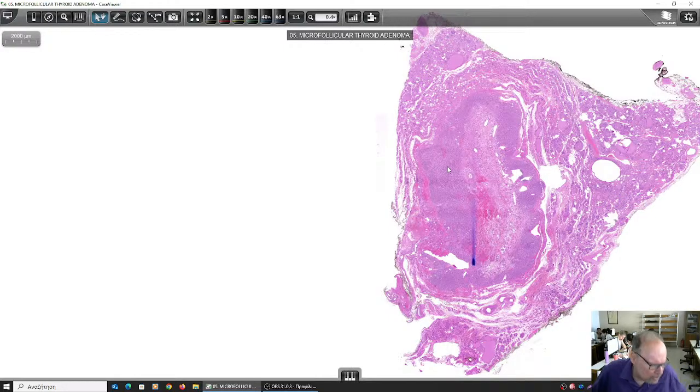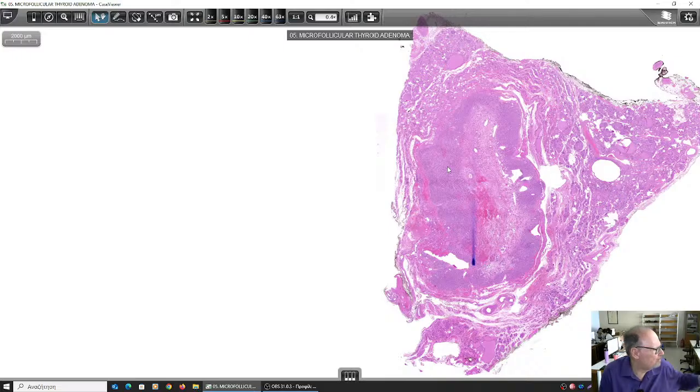And so perhaps this nodule could be hot in the scintigram, because sometimes it overfunctions and it is a cause of hyperthyroidism. This would be a hot nodule. Not always. A follicular adenoma can be cold.